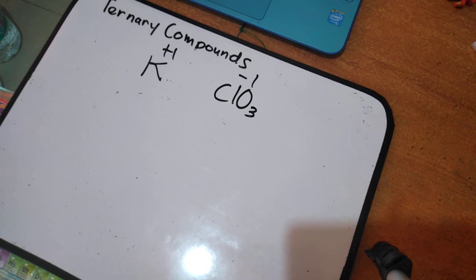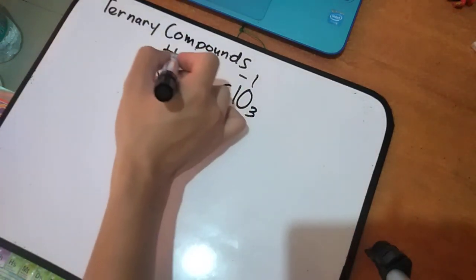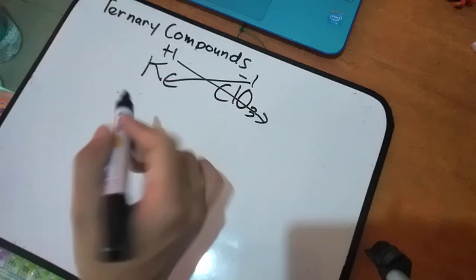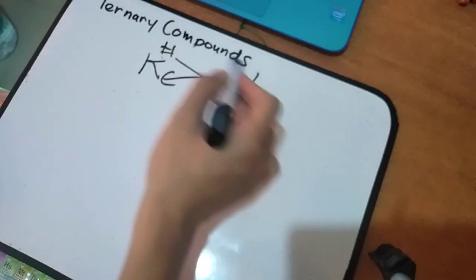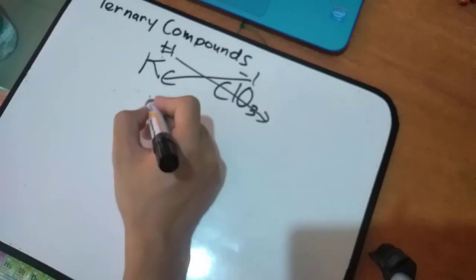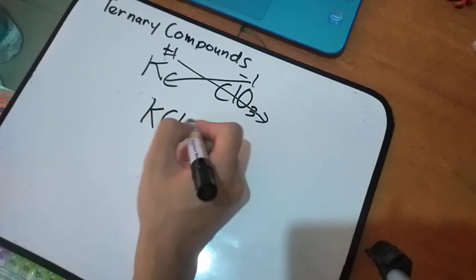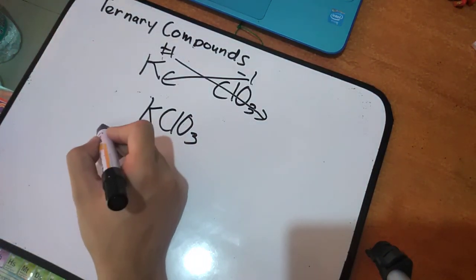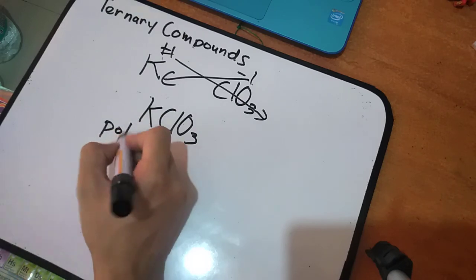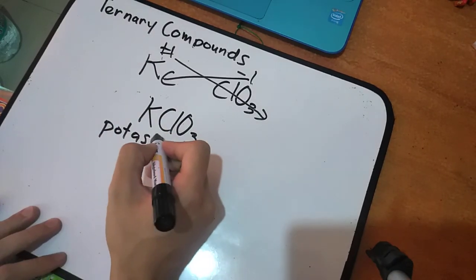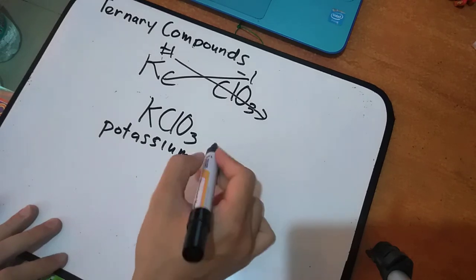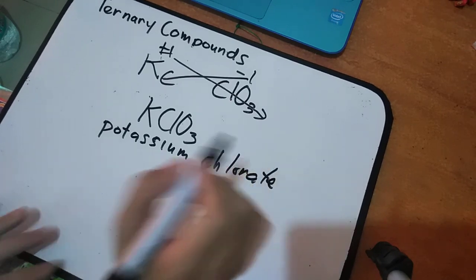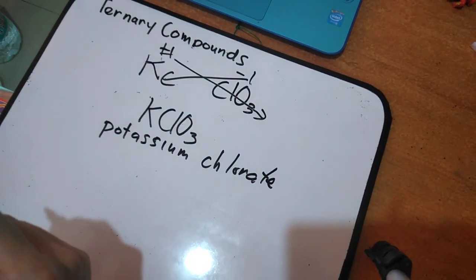Since the charges are the same, it would be crisscross, cancelled out since they both have 1. So the formula would now be KClO3. What would be the name? It is now your potassium chlorate. Simple as that one.